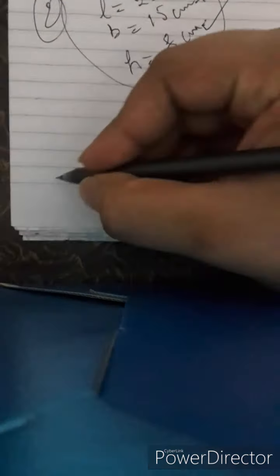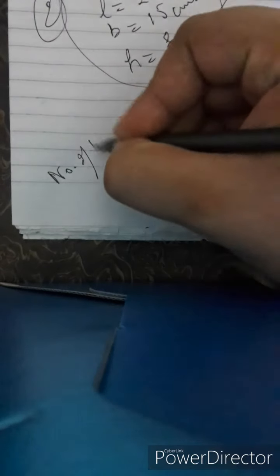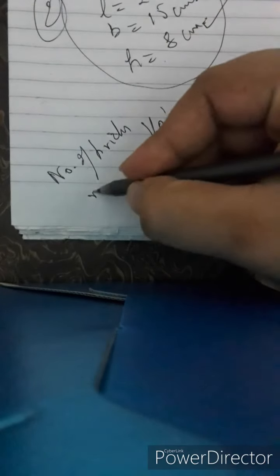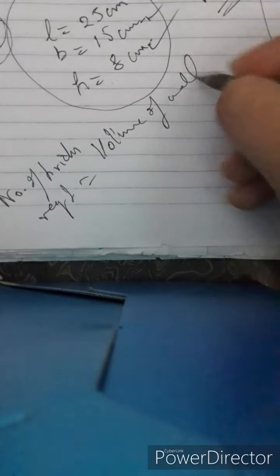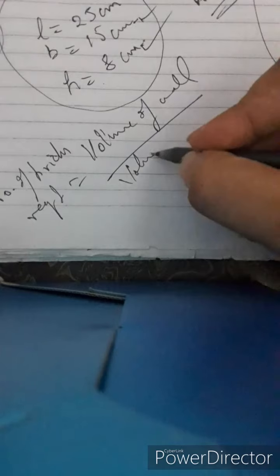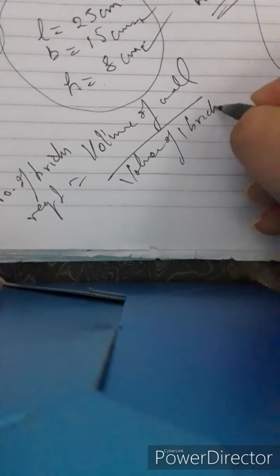So we'll take the volume of the wall. It goes by the formula: number of bricks required equals volume of wall divided by the volume of one brick.